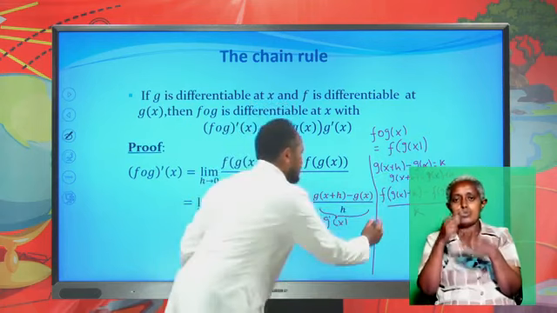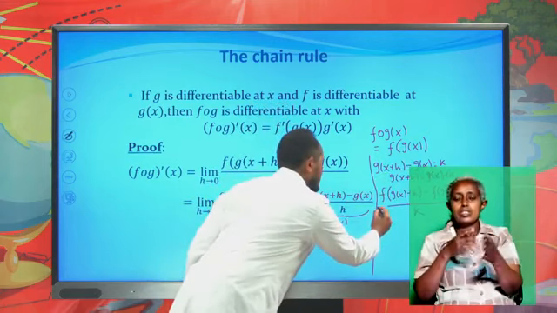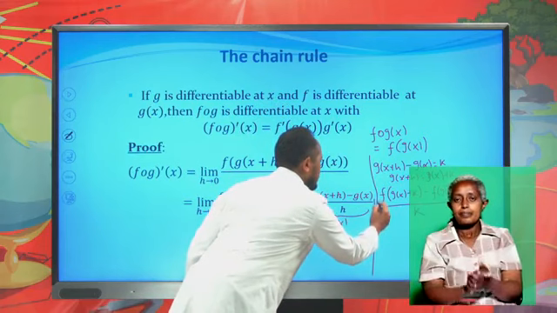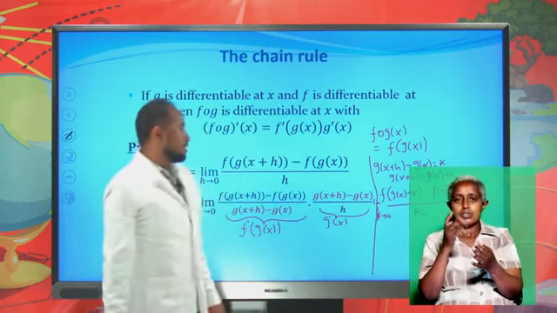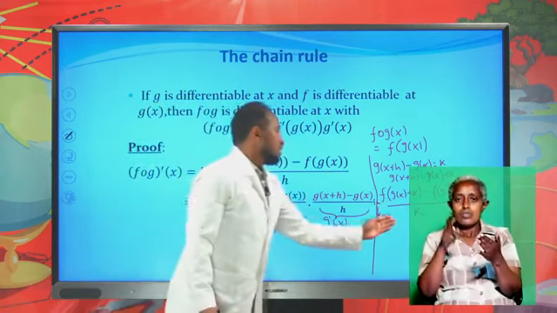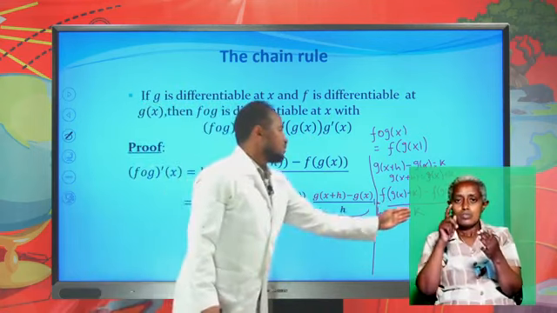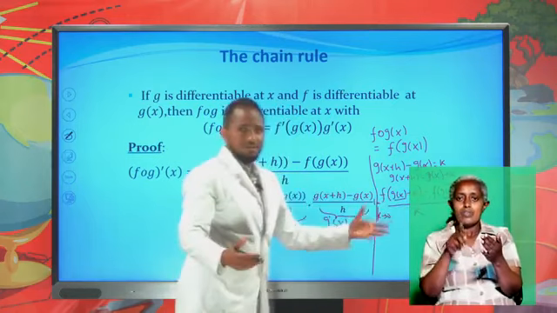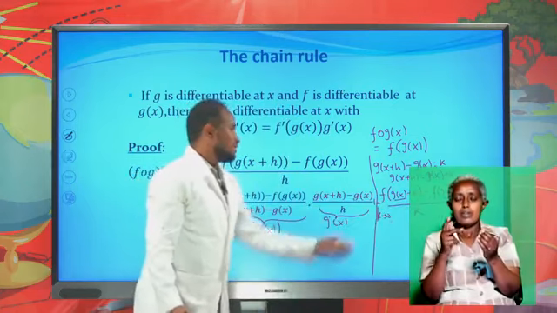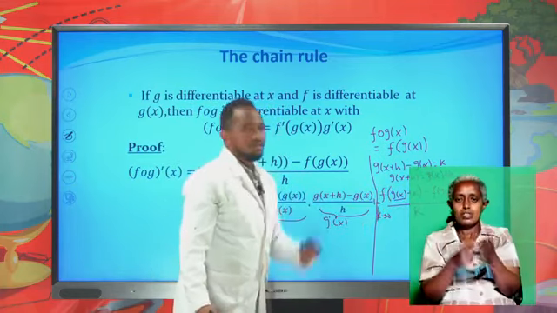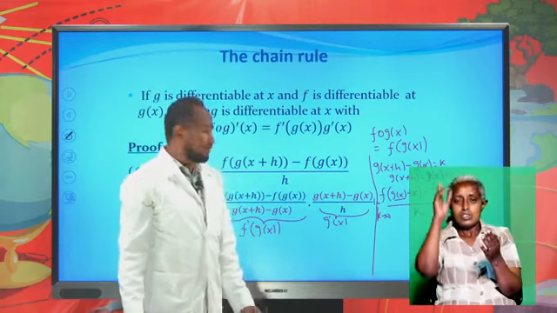The limit when k goes to 0 of f of g of x plus k minus f of g of x over k means, similar to the definition of derivative, the derivative of f at g of x.